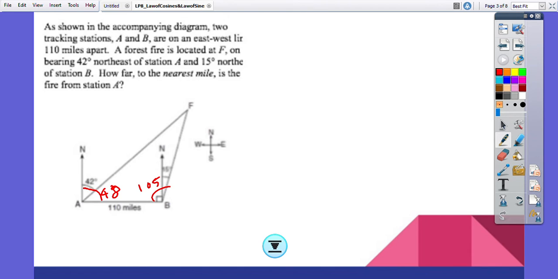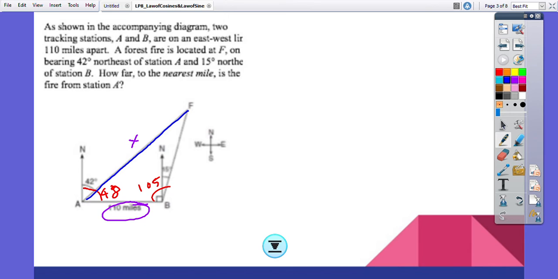Okay. And this specific question is asking us for the distance from A to F. So it's asking us for this side. However, we were given one of the sides right here, and I'm going to circle that. It is 110, and we're asked to find this.